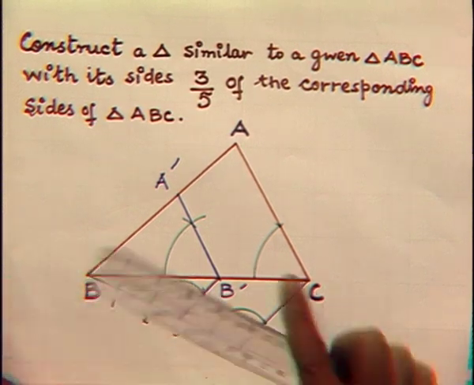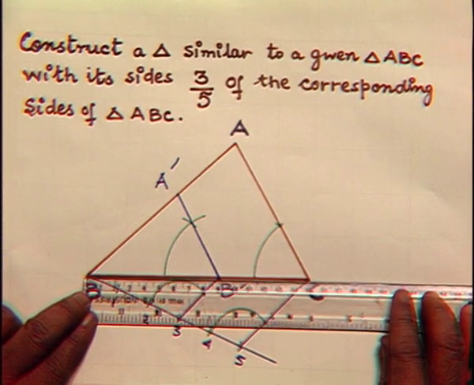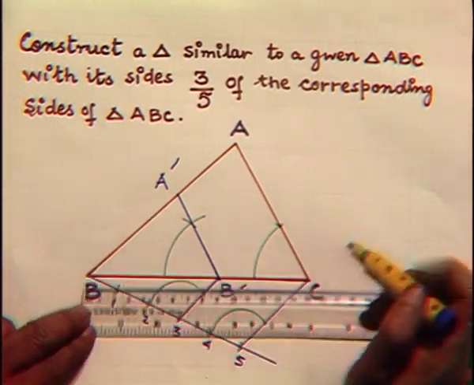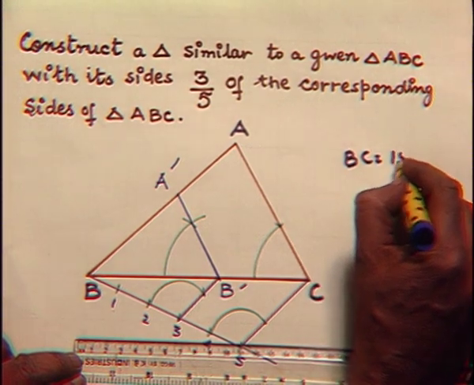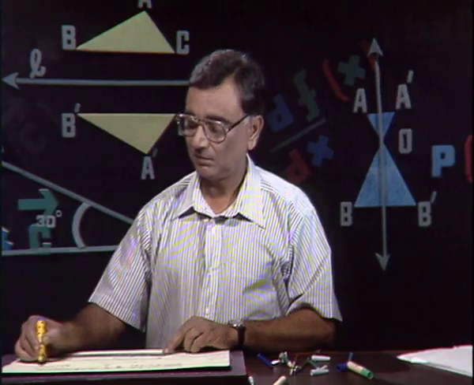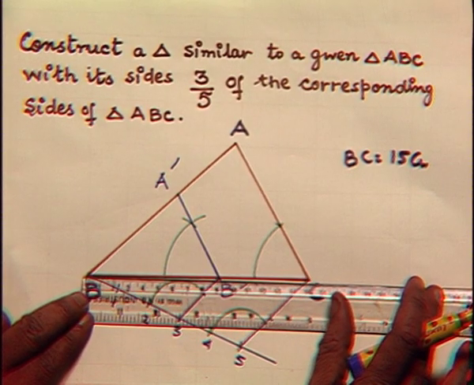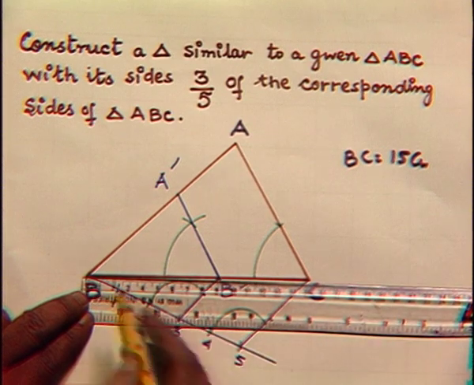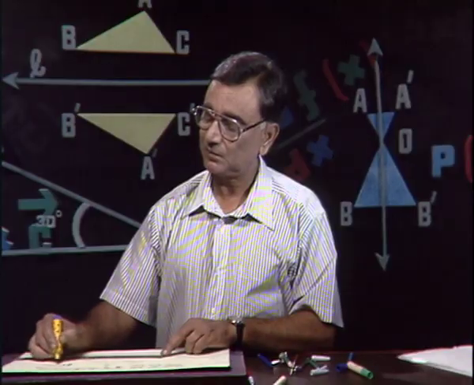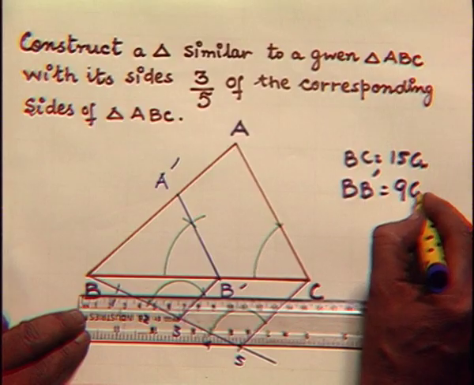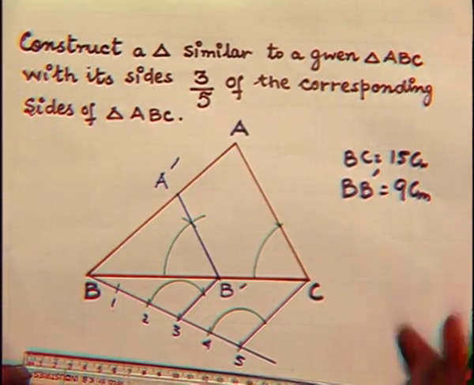Now, here BC is 15 centimeters and BB dash is 9 centimeters. So, you can see BB dash is 3/5 of 15.